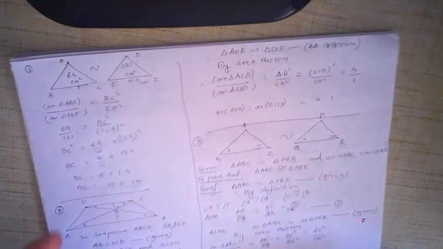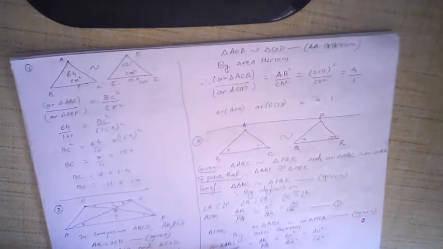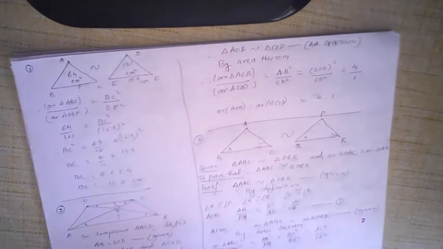This is by the area theorem. According to the area theorem, the ratio of the areas is equal to the ratio of the squares of the corresponding sides. But areas are given equal.